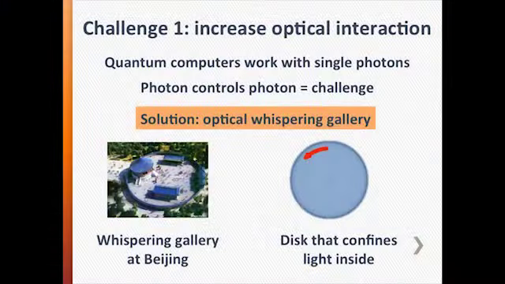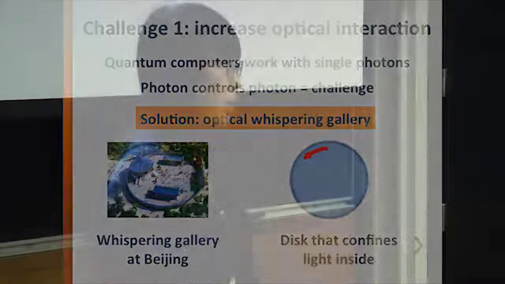Here's a picture of a whispering gallery in Beijing. If you whisper at one point on the side, the sound wave will circulate in the gallery, and then you can hear the sound clearly at another point. In optics, we can introduce a disk that behaves like an optical whispering gallery that confines light inside and increases the power of the light.